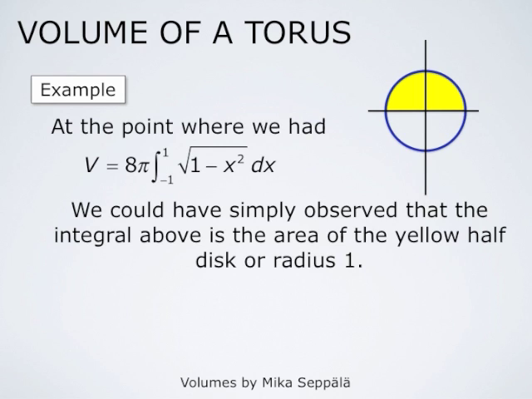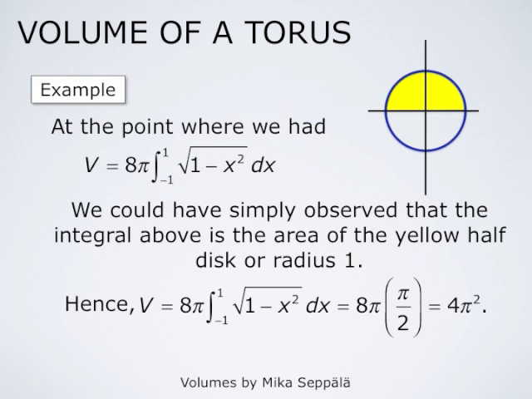Therefore the area of a half disk of radius 1 is pi over 2, and we could have simply concluded that the volume of the torus, which is 8 times pi times integral from -1 to 1 of square root 1 minus x squared dx, is 8 times pi over 2, which is 4 times pi squared. That is the result we computed the long way.